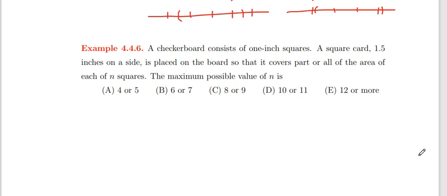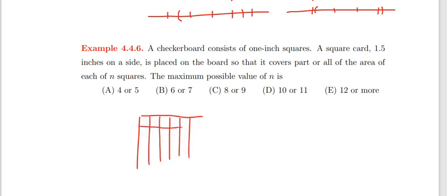It says a checkerboard consists of 1-inch squares. So just like that, 1-inch squares, right? Okay. So we have a square card.